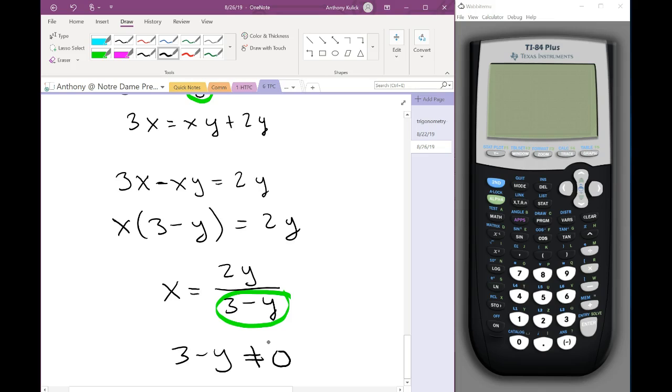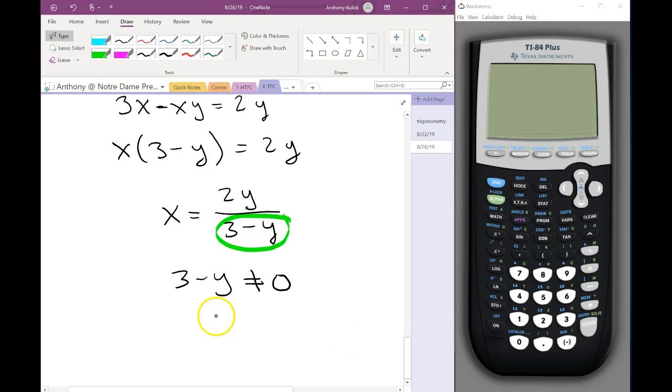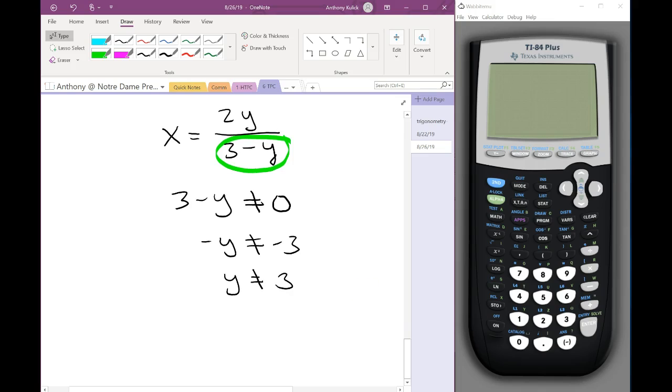Stretch? Okay. If I solve this for y, I would subtract both sides by 3 and then divide both sides by -1. And I find that y cannot equal 3.